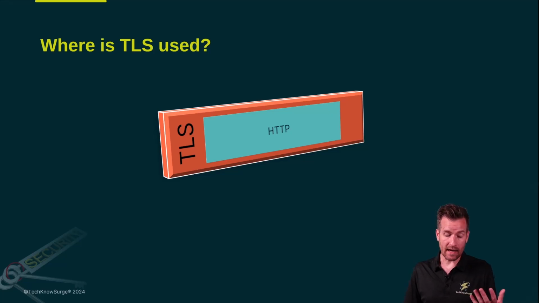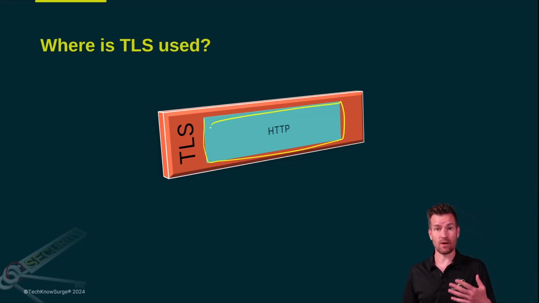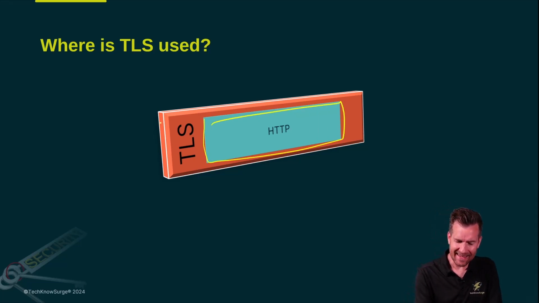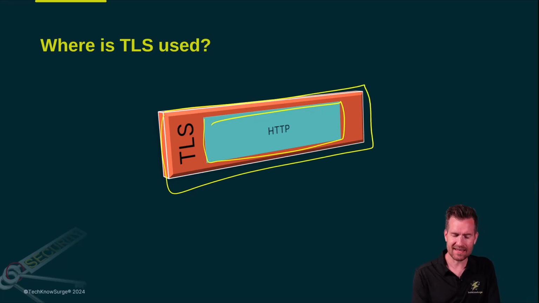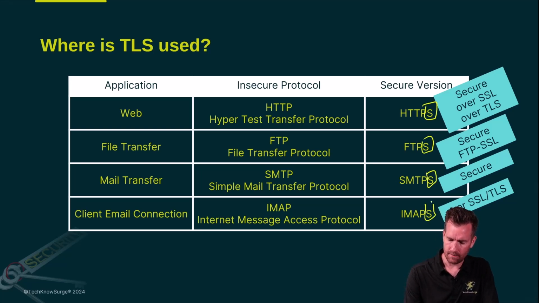And when I say we incorporated it into these protocols, it really didn't change the original protocol all that much. What we see here is just the original protocol is then encapsulated with this TLS protocol, which then encrypts this information. When we add TLS to these different protocols, we are adding an S to the end of the protocol. The name of that could mean something different, although it's all the same thing.